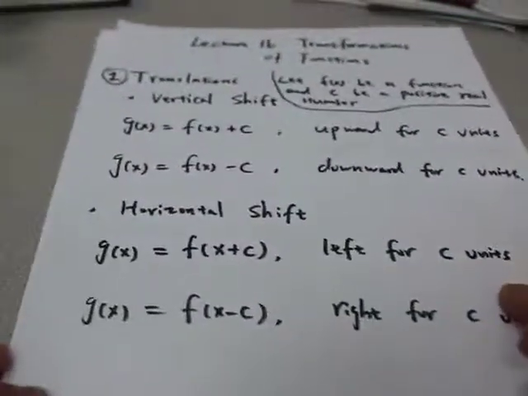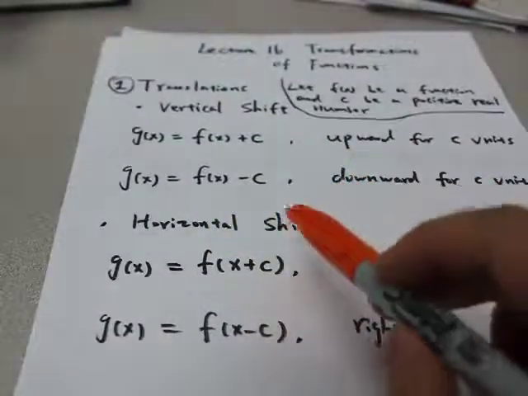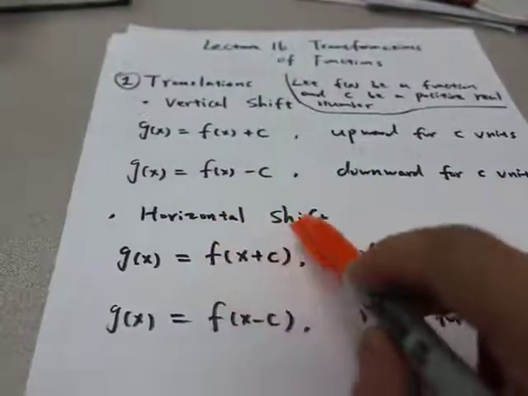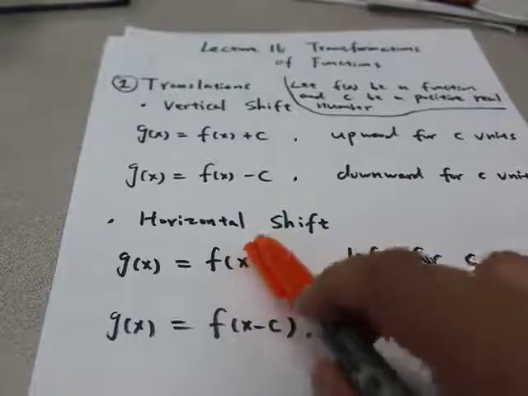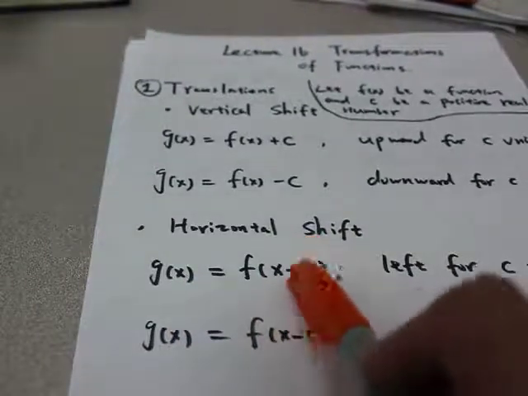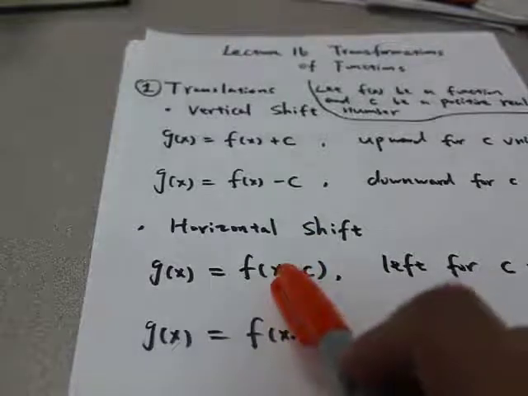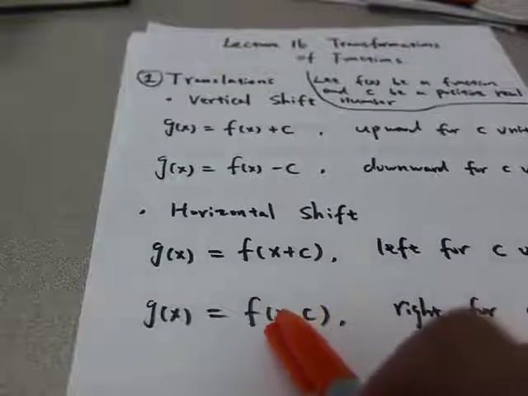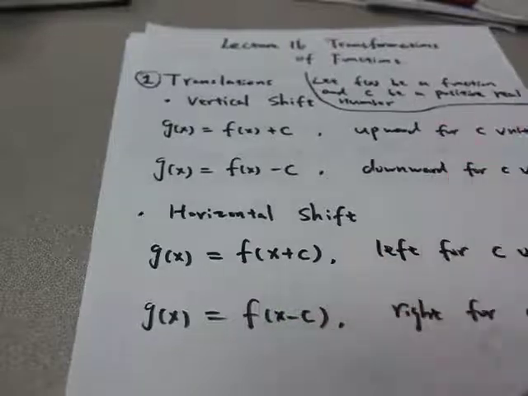Okay. Now let's go back to here. The second translation is called horizontal translation or horizontal shift. This happens if we add a number to x or we subtract a number from x within the parentheses.